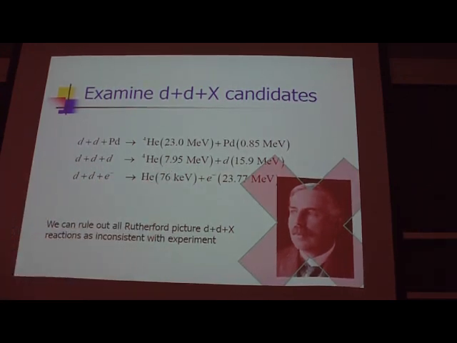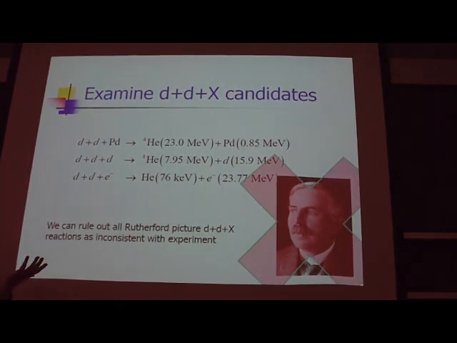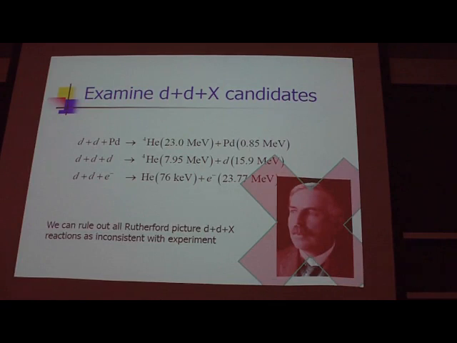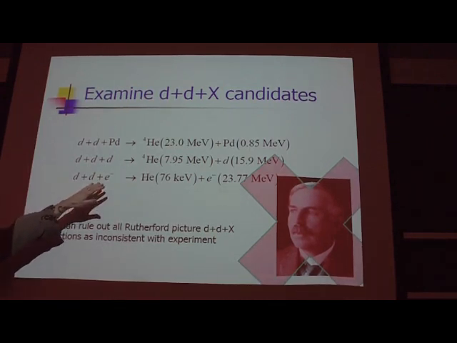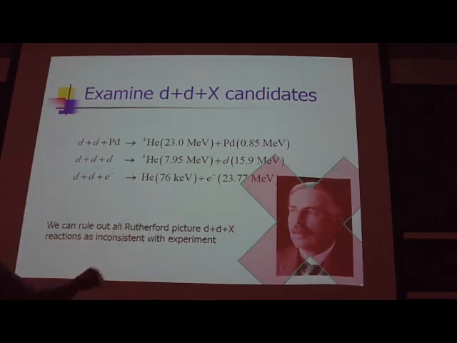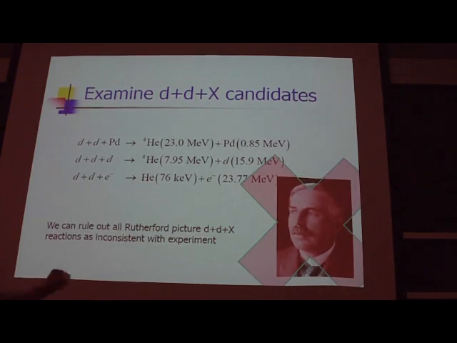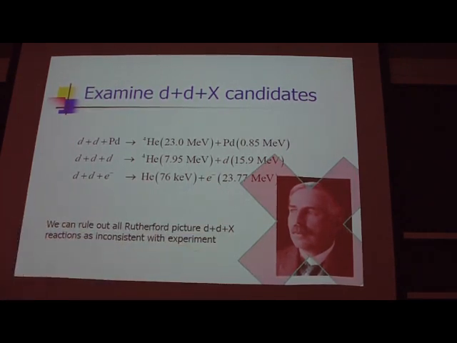Well, we're sure that's not happening also, because if that's what was going on, we would get like 6 or 8 orders of magnitude more neutrons. You could say, well, 2 deuterons pushing off an electron, now the alpha particle energy is down to 76 keV. Much better, but that's ruled out by at least 2 orders of magnitude for the neutron part, to say nothing about having a wad of 24 MeV electrons, which would be a pretty exciting thing to behold.